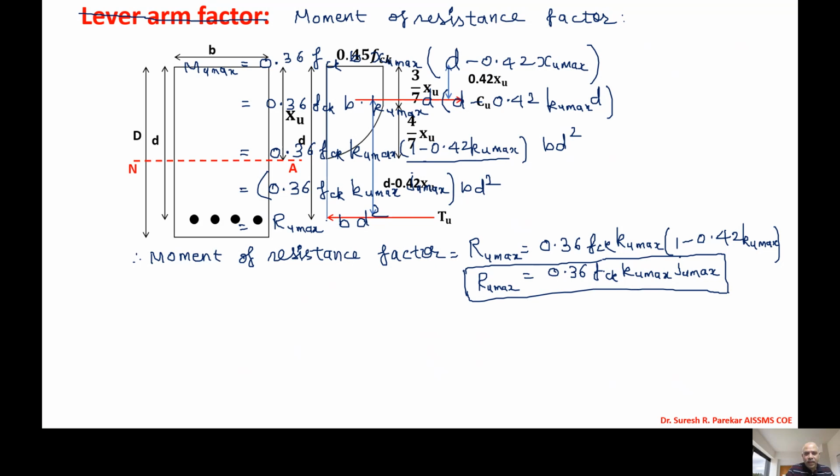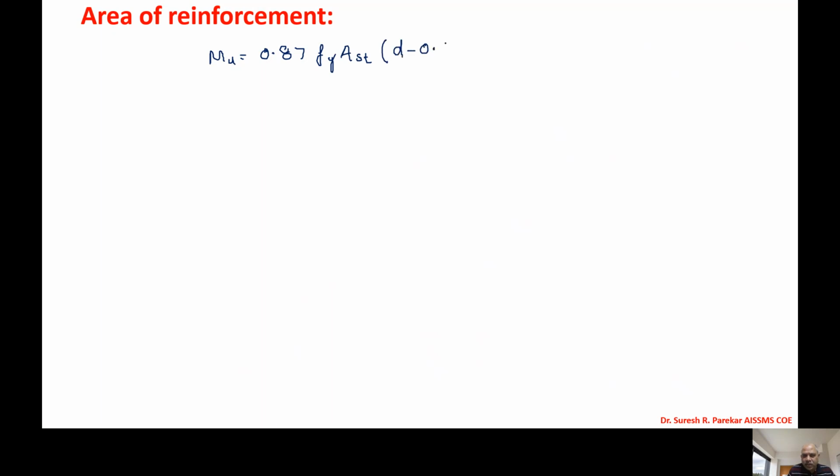Now we will switch over to the form, that is area of reinforcement. Now we have Mu equal to 0.87 fy Ast. Two formulas we have. We are interested in Ast, so we are taking the formula related with Ast for Mu.